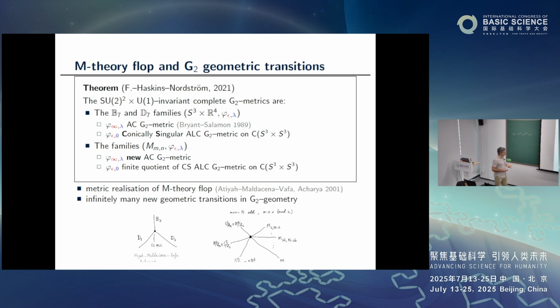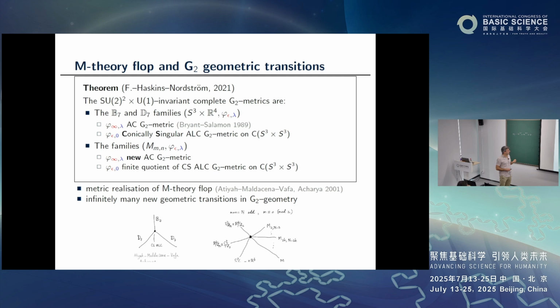And when the ratio goes to infinity, if I first fix epsilon and let lambda go to 0, then I'm just recovering a Z2 quotient of this previous example. But if you now fix lambda and let epsilon go to infinity, you get new asymptotically conical G2 metrics.